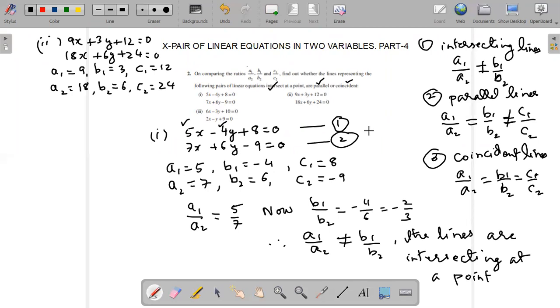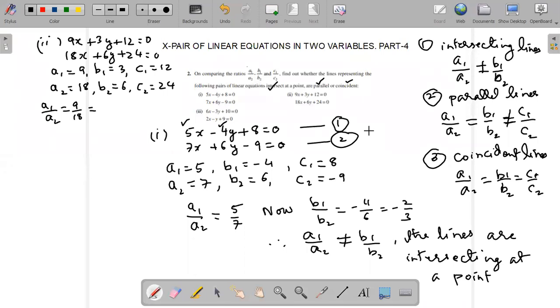So first find a1 upon a2. a1 upon a2 is equal to 9 by 18.